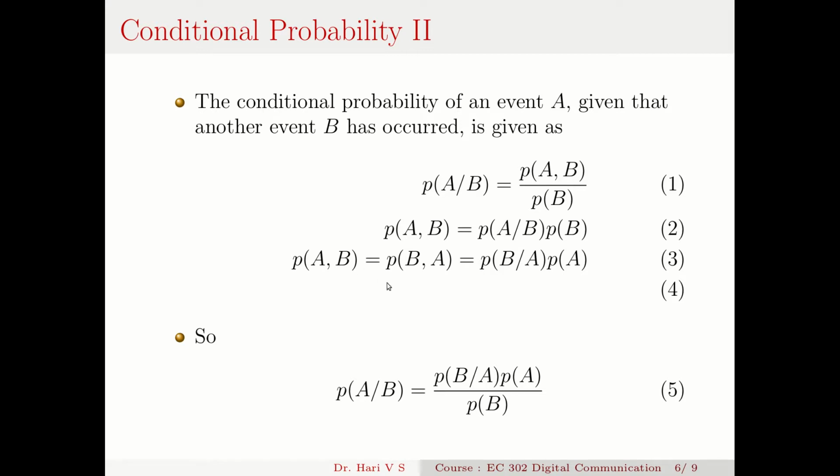But P(A,B) is the same as P(B,A). So if I substitute this in equation 1, P(A|B) becomes P(B|A) into P(A) divided by P(B). Here A is the unknown quantity, B is your observation.